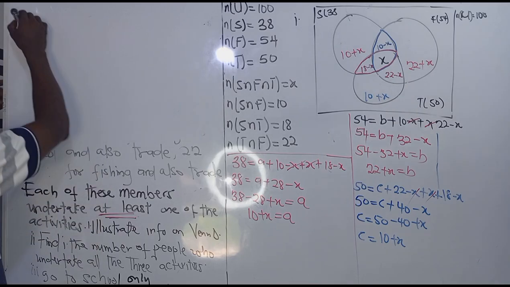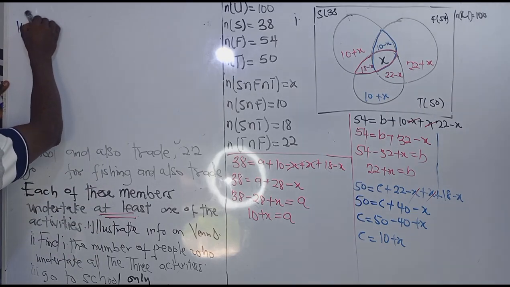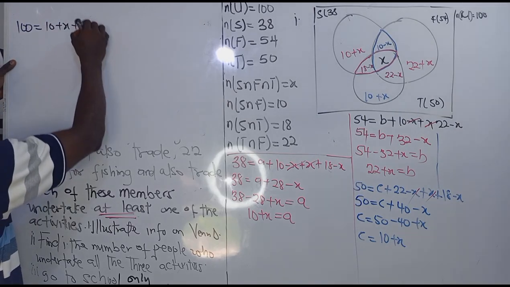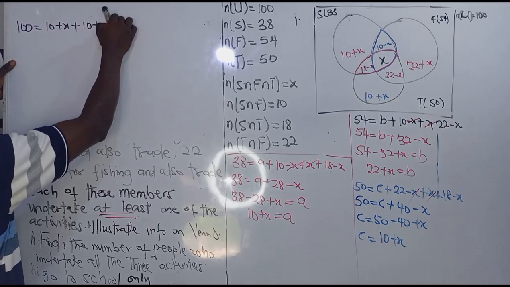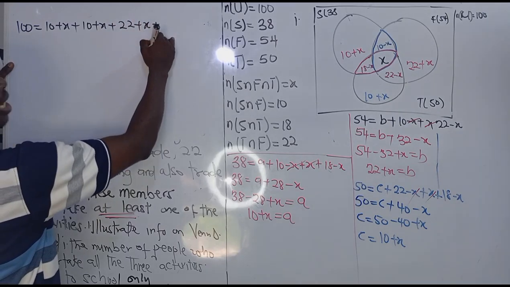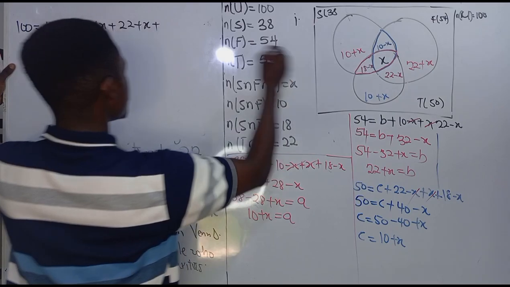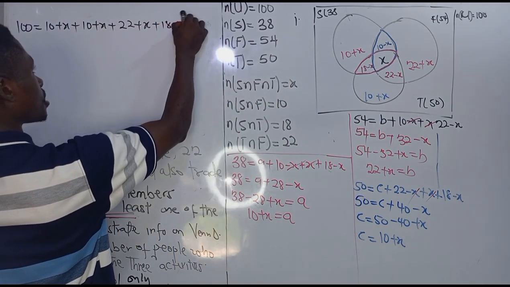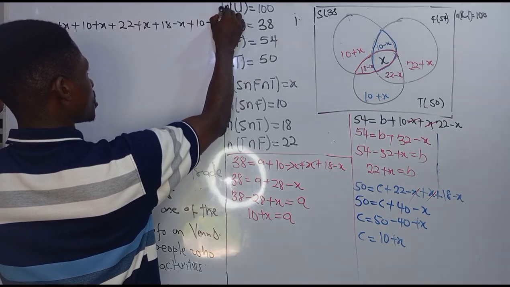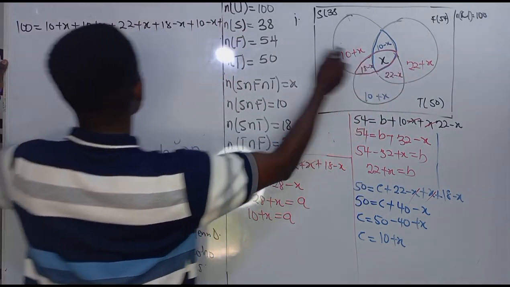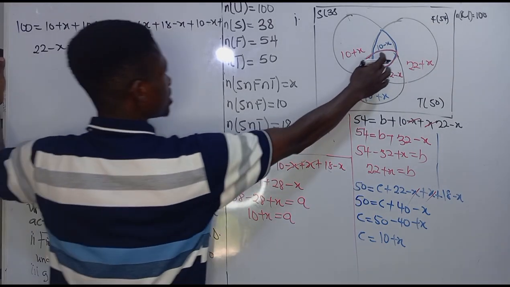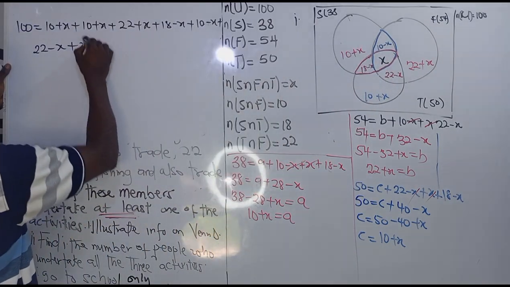So we have 100 is equal to 10 plus X plus 10 plus X plus 22 plus X plus 18 minus X plus 10 minus X plus 22 minus X plus the intersection X. Good.